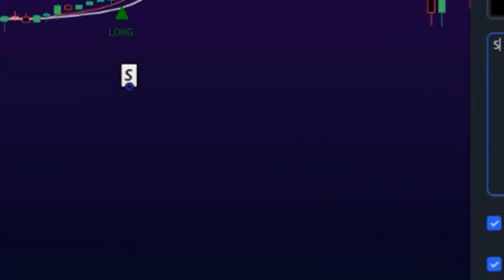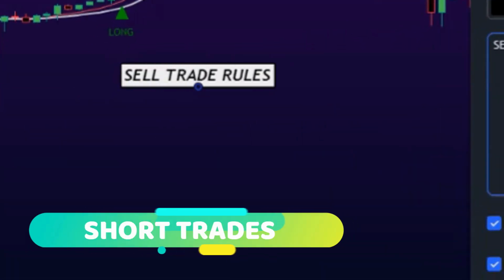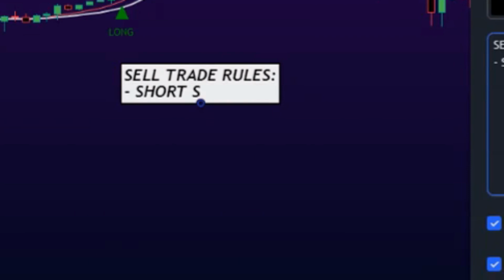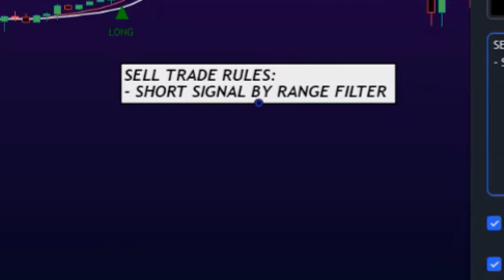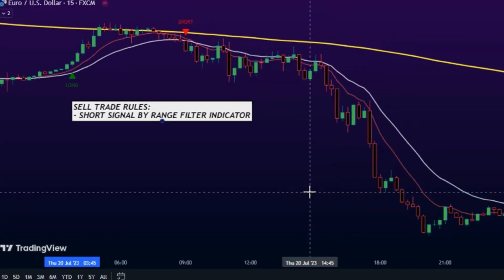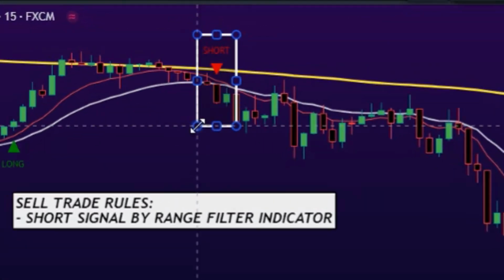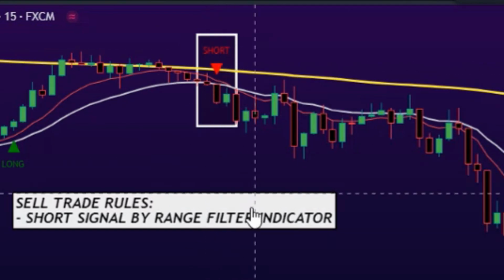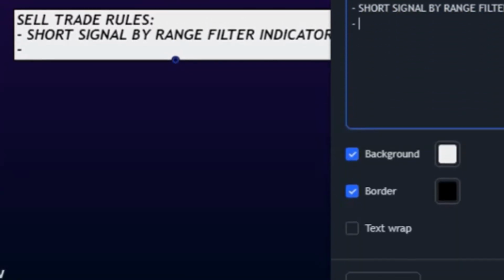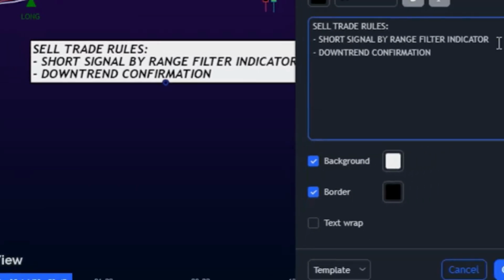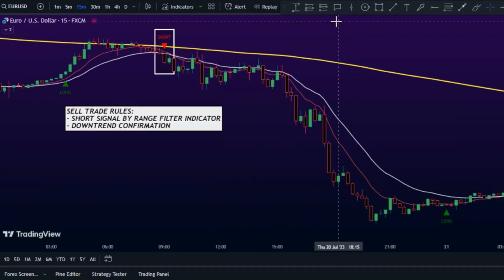And here's how we'll set ourselves up for success on the short side. First, we need the Range Filter V2 indicator to flash a sell signal. Then we need that signal backed up by the 10 EMA and 20 EMA trading below the 200 SMA, indicating a downtrend.